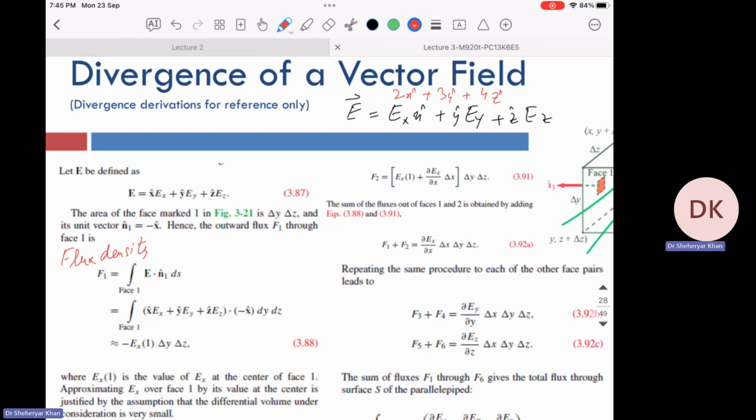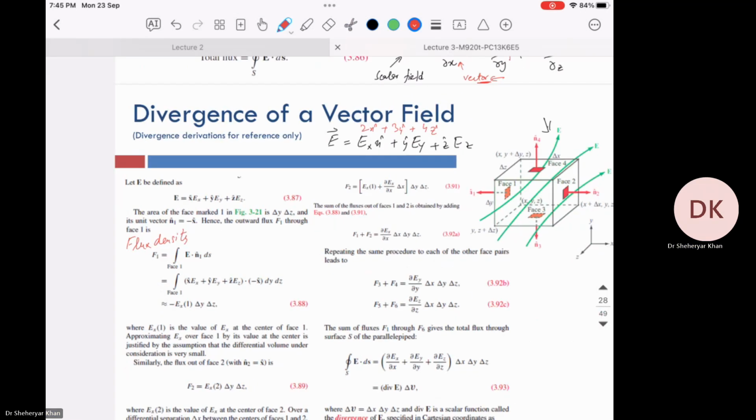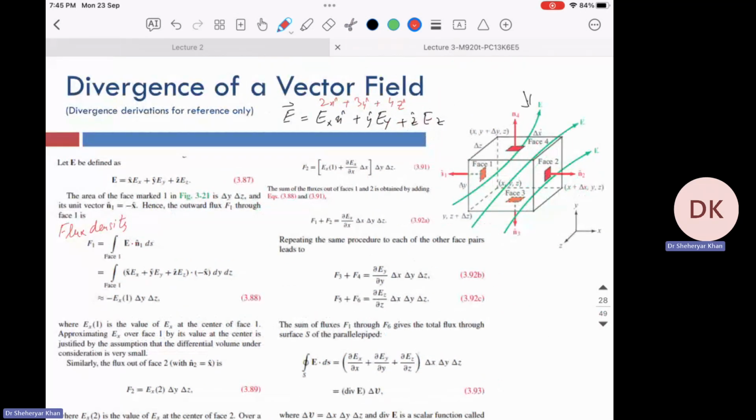Let's say dy and dz are 2 centimeters and 3 centimeters, so 3 times 2 is basically the area. So that's how we find the flux. You might have seen that we are trying to find the flux from all the 6 sides, and then we are going to add them together to see what happens.